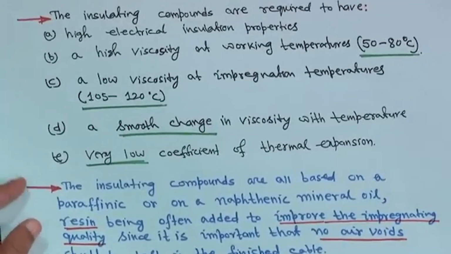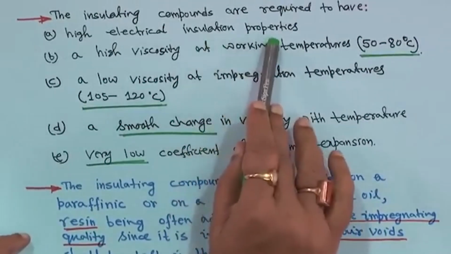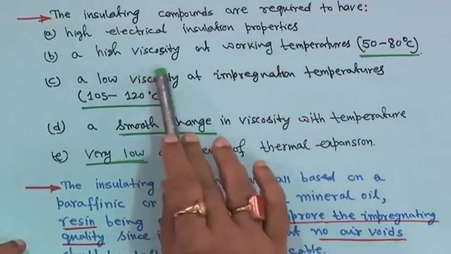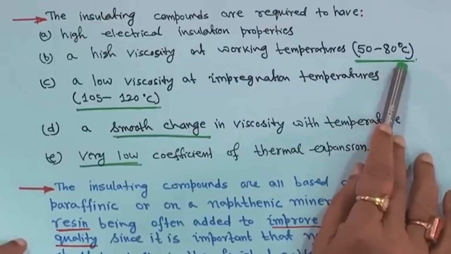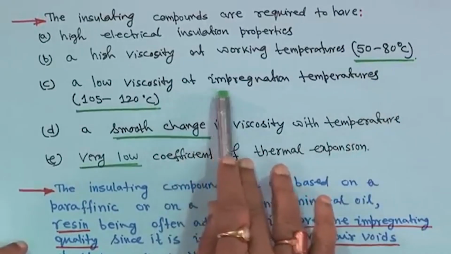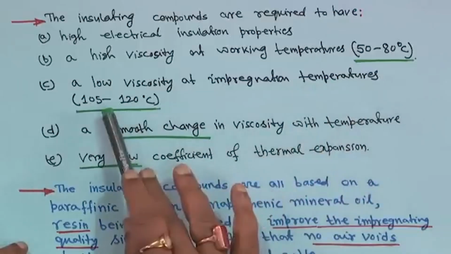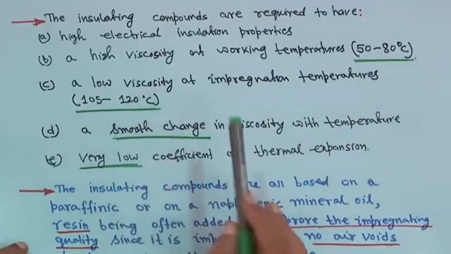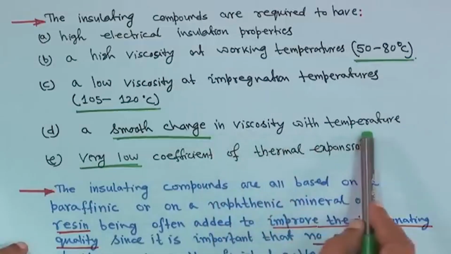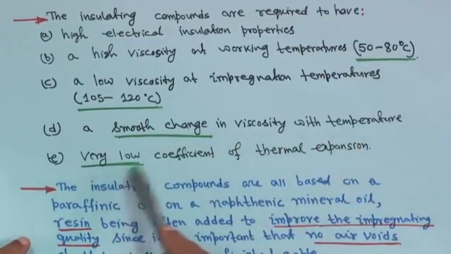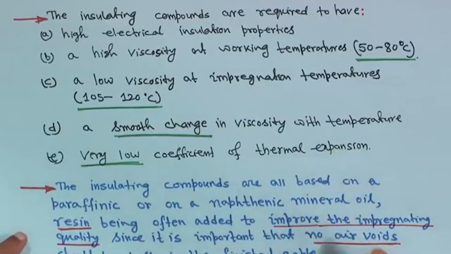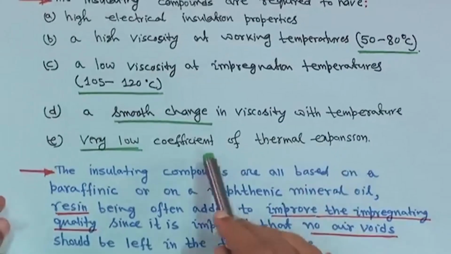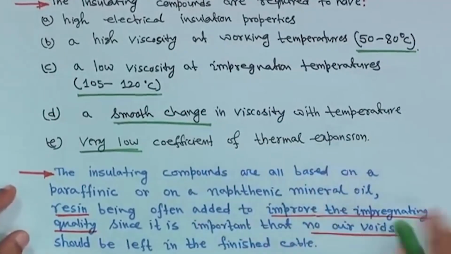The insulating compounds are required to have high insulation properties, a high viscosity at working temperature, say 50 to 80 degrees Celsius normally, a low viscosity at impregnation temperatures, that is 105 to 120 degrees Celsius, a smooth change in viscosity with temperature, and a very low coefficient of thermal expansion. So, these are what the insulating compounds are required to have, particularly the very low coefficient of thermal expansion.